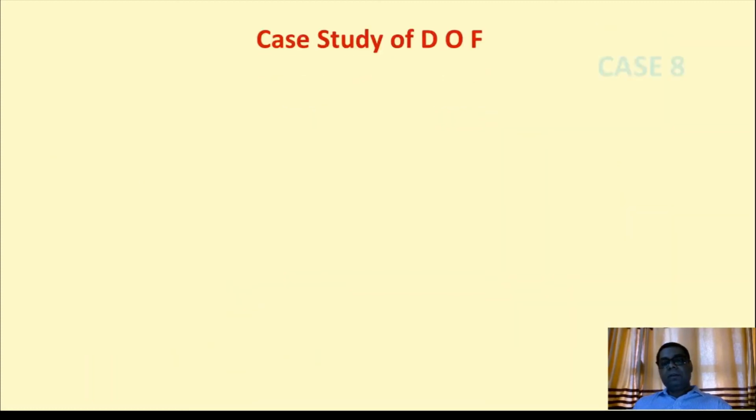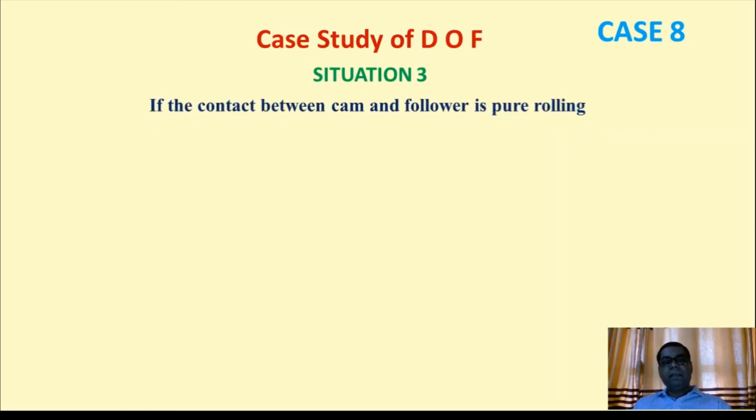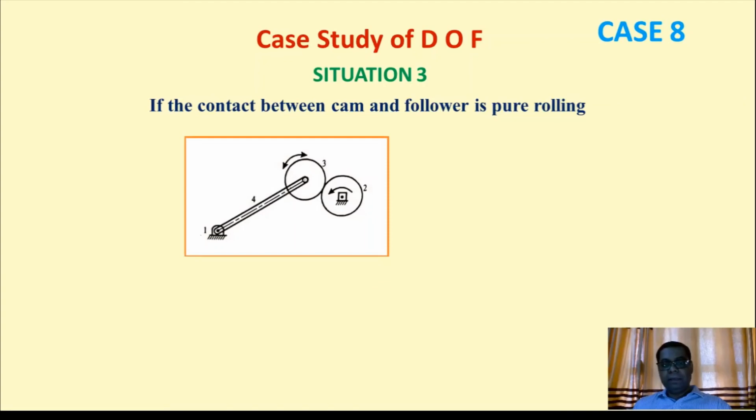Okay, so the last situation is where the contact between the cam and the follower is pure rolling. Obviously the higher pair will be present, so just go through this figure once again and try to understand the cam and follower. There is pure rolling action, there is no sliding, but rolling is going on.